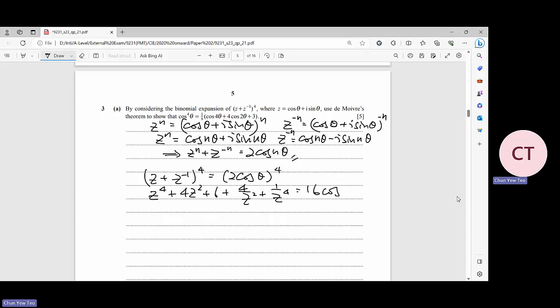Then the question wanted to show cos to the power 4 theta, no 16 in front. But before that, I need to settle my left-hand side. These two are in one group. These two in one group. We will be using this result.